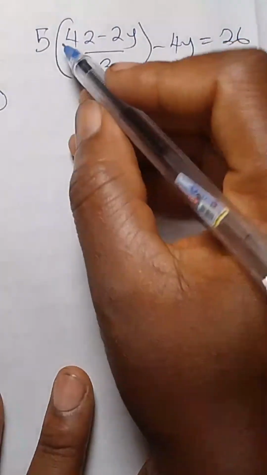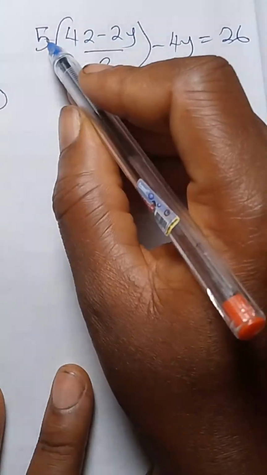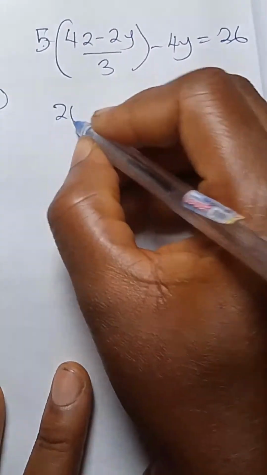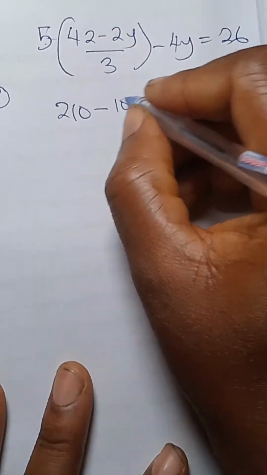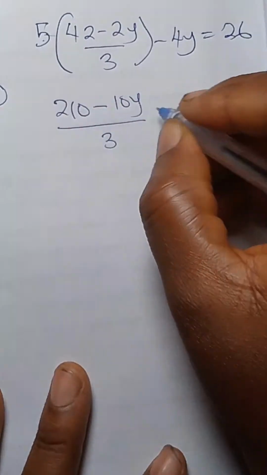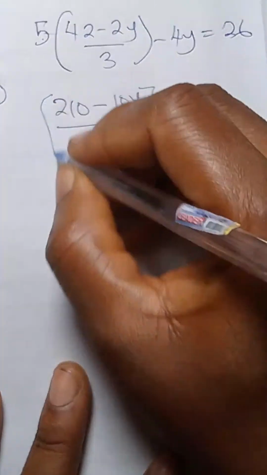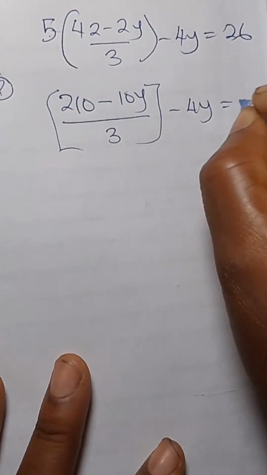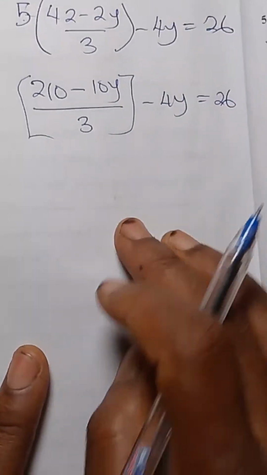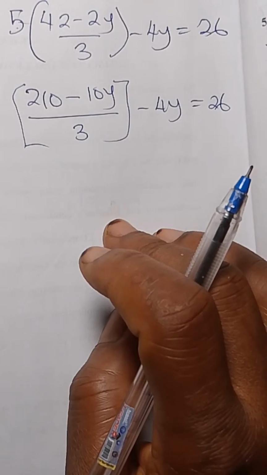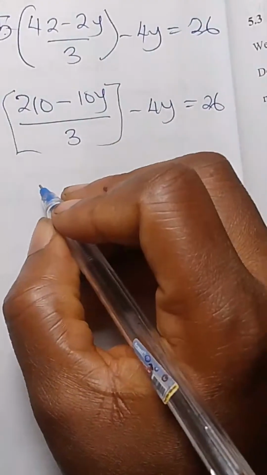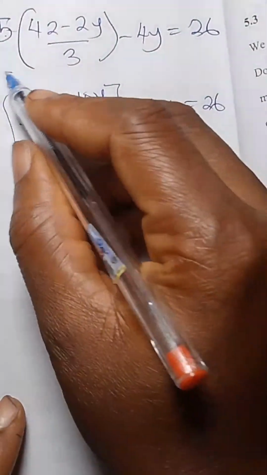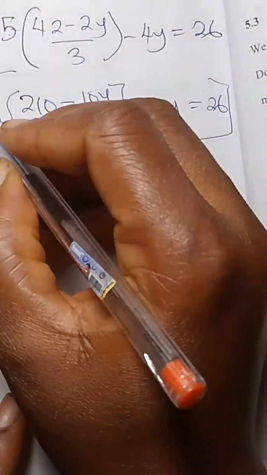So we are going to open this bracket, multiplying everything up here by 5. 5 times 42 is 210. 2y times 5 is 10y. So that is 210 minus 10y, remember, all over 3, minus 4y is equal to 26. Then we are going to multiply both sides by 3.